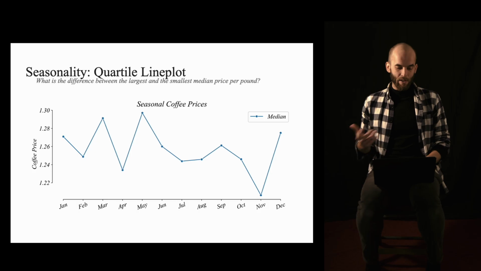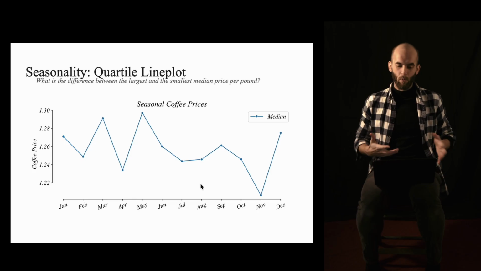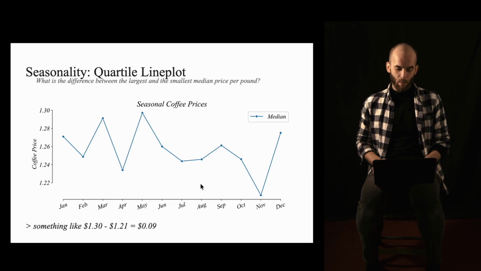Okay, so is there a difference between the largest and the smallest median price per pound? Well, yes, but what's the difference? So what I can do is just look at the maximum. This is, I don't know, something like 130. And then the minimum, which is like 121 or so, and then just take a difference.